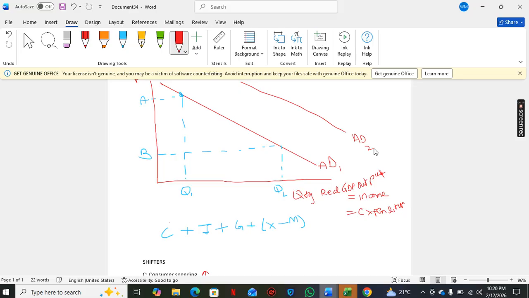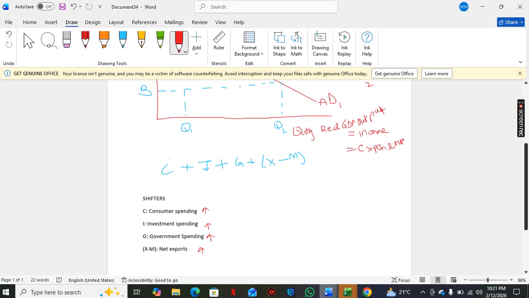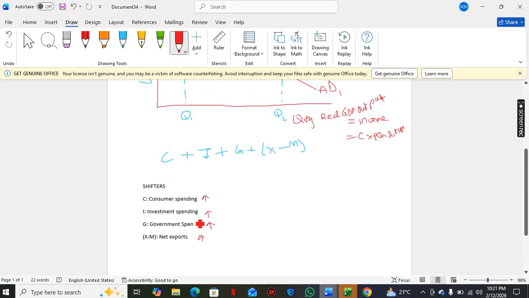Come again, sir, on that one. If any of these increase, consumer spending, investment spending, government spending, or foreigner spending, it means aggregate demand increases.